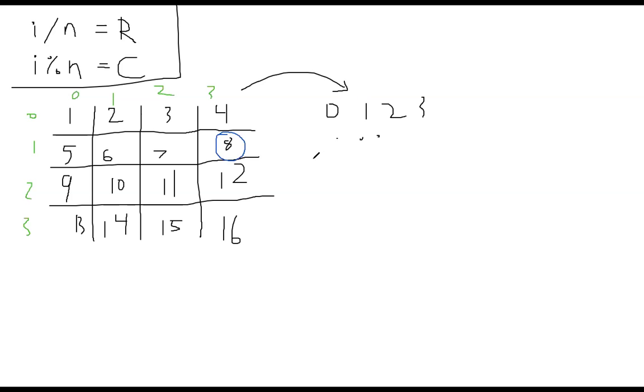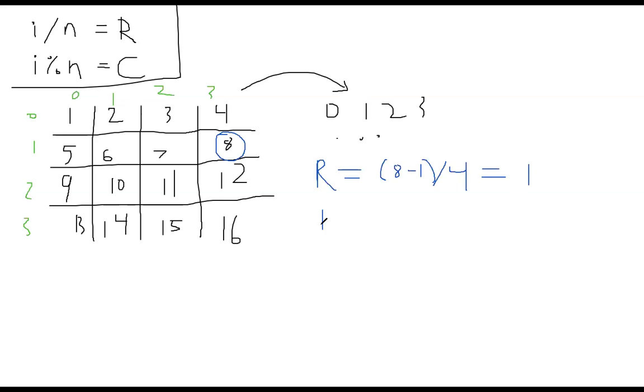To get our row for 8, it should be 8 minus 1 divided by our n, which is 4, because this is a 4 by 4 matrix. And what does that give us? 1. Yeah, so our row is in fact 1.